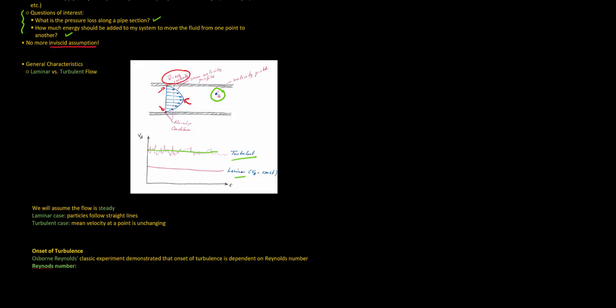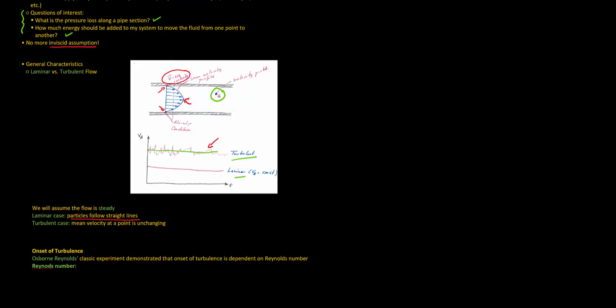So as stated here, for a laminar flow, the particles will follow straight lines. For the turbulent case, the mean velocity at that point is unchanging, but the instantaneous velocity can definitely change between different instants in time. And this is what we're seeing over here.